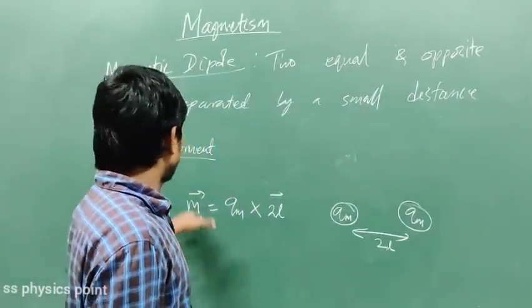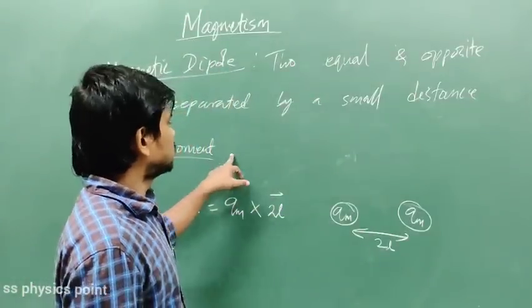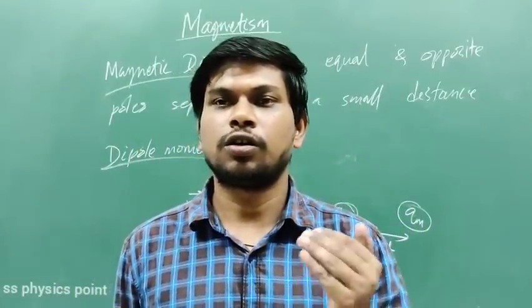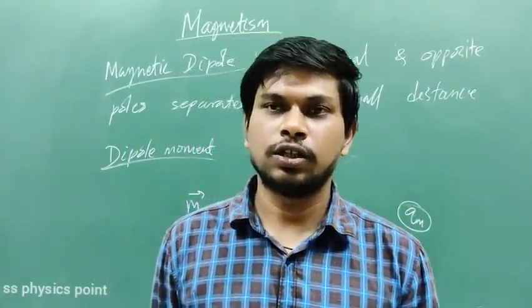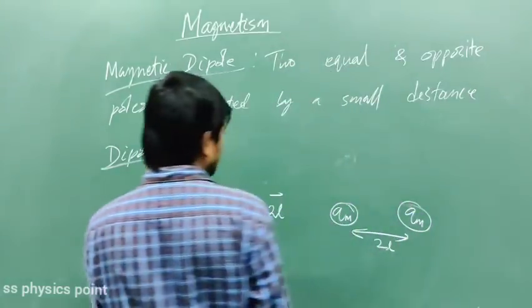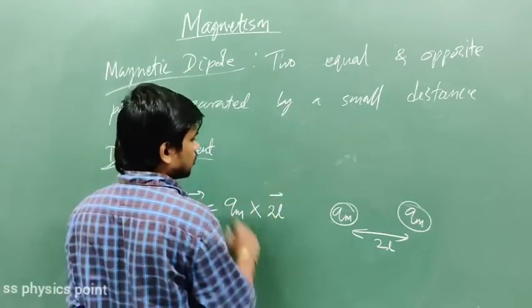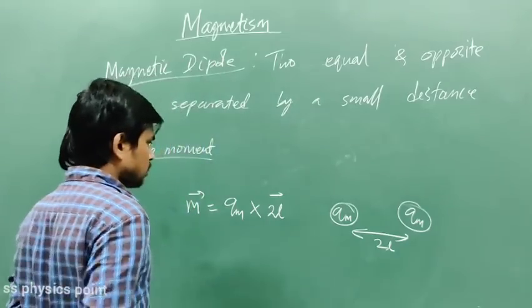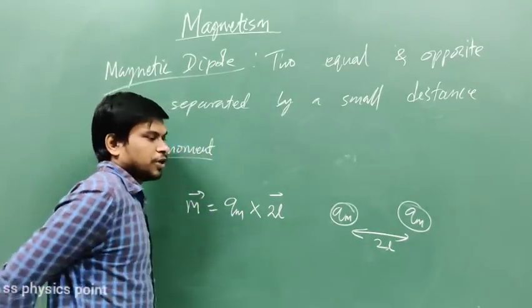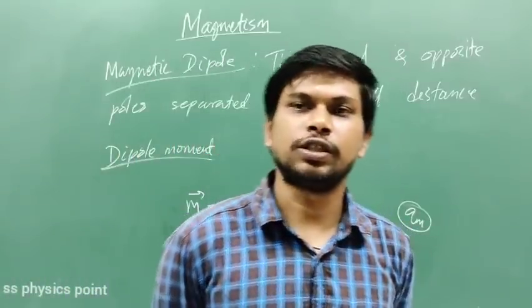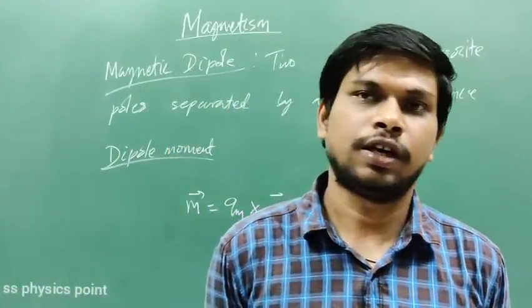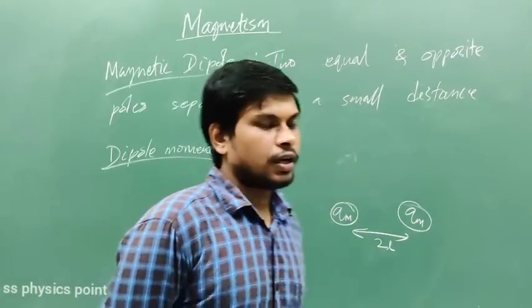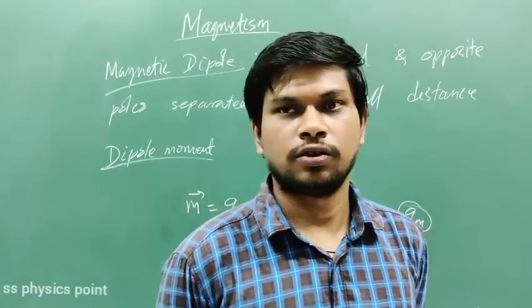Just write it: magnetic dipole moment is defined as the product of either pole strength and the separation between them, or the magnetic length.